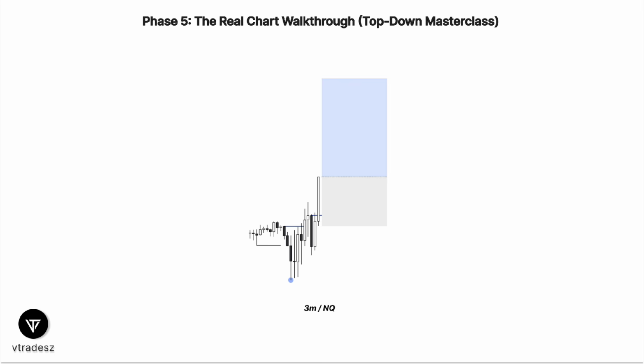We target the external buy side liquidity above. The market instantly expands to the upside, delivering a perfect stress-free trade. Daily reversal, 4-hour accumulation, 30-minute manipulation, 3-minute execution, pure mechanics, zero guessing.